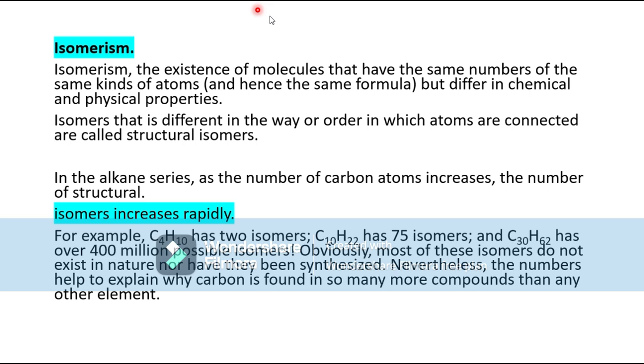Obviously, most of these isomers do not exist in nature, nor have they been synthesized. Nevertheless, the numbers help to explain why carbon is found in so many more compounds than any other element in real life.